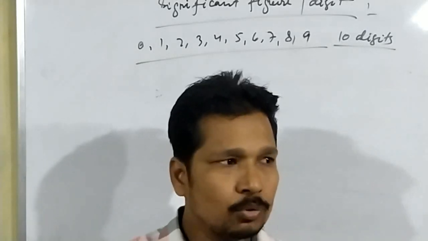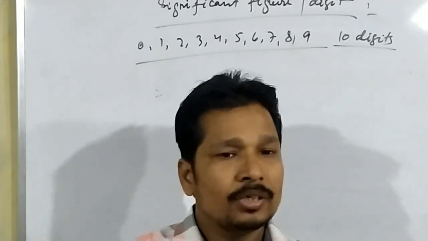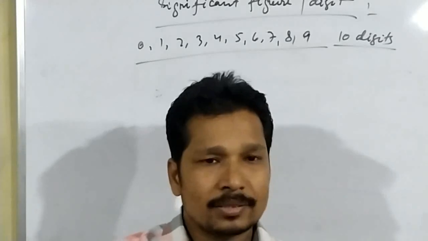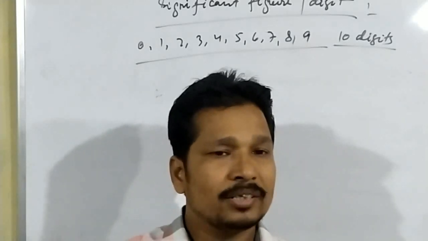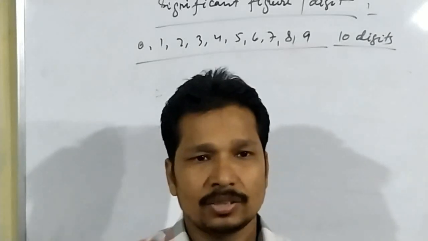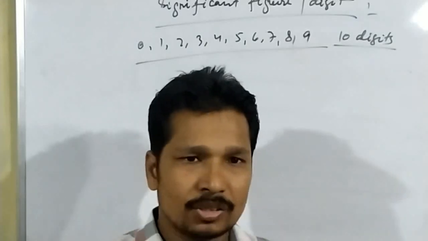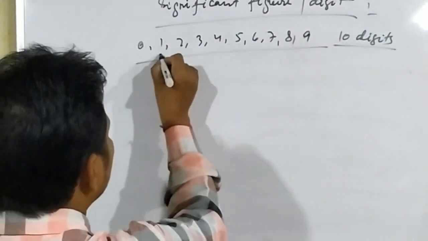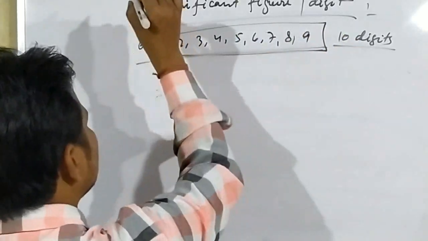But you have to keep one thing in your mind, that sometimes we are counting 0 as a significant digit, and sometimes we have to count 0 as not a significant digit, and the rest of the digits are counted as significant digits. That means starting from 1 to 9, these are the proper significant digits.